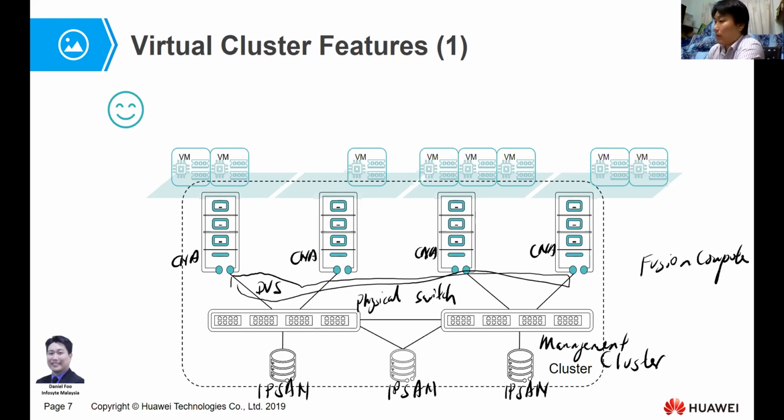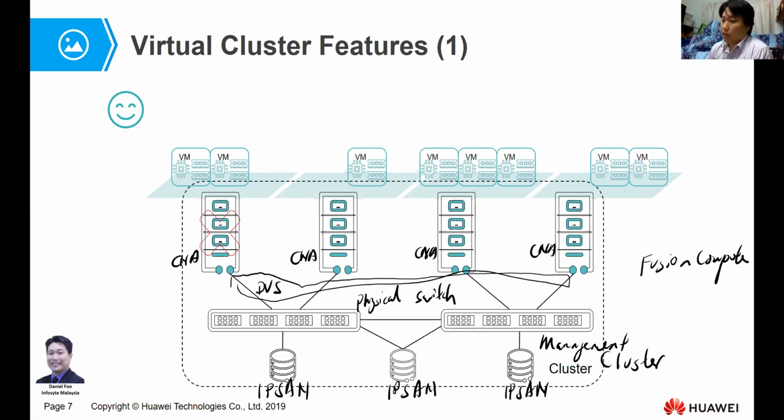When you're running on the same cluster, the DVS can be accessed by multiple CNA nodes. This is another functionality provided from the network perspective, so that your virtual machines can communicate with each other, although they are running on different CNA hosts.